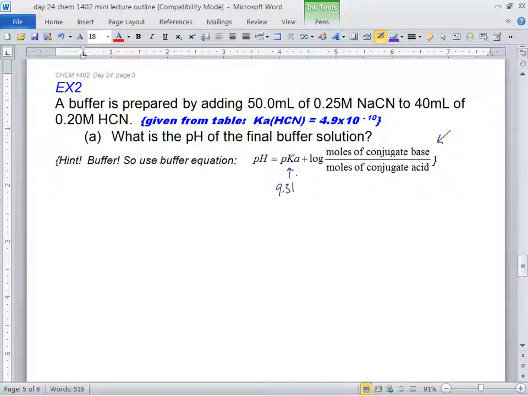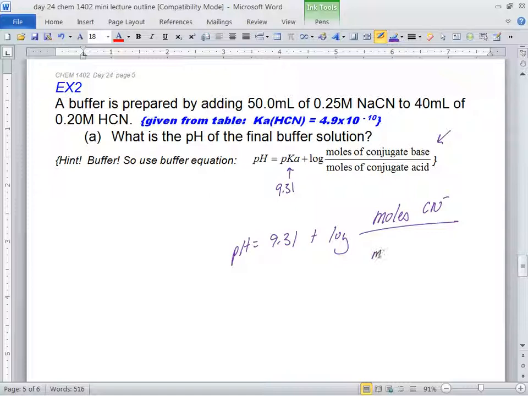Okay. So right now we have pH is going to be 9.31 plus the log of the moles of the conjugate base. Now, what's the conjugate base in this? NaCN. So let's leave out the Na part, because I like just recognizing the conjugate base and the conjugate acid.